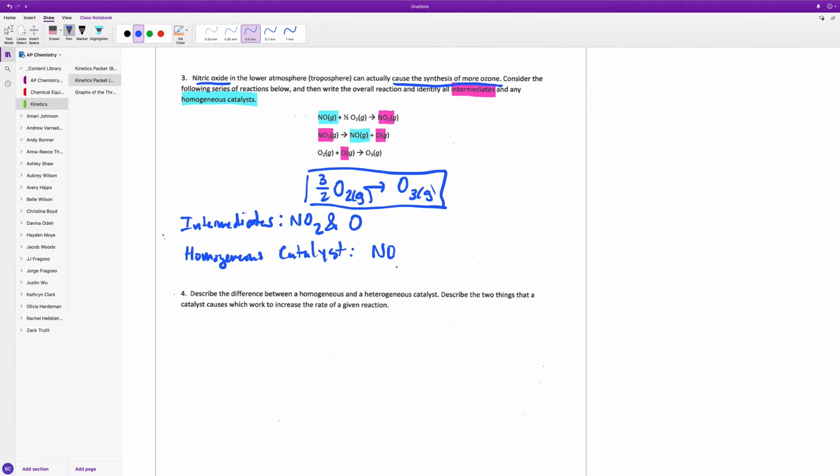Describe the difference between a homogeneous and a heterogeneous catalyst, and describe the two things that a catalyst causes, which works to increase the rate of a reaction.